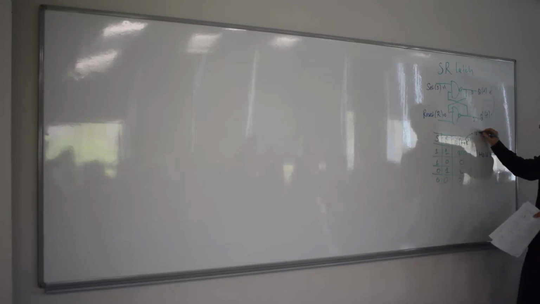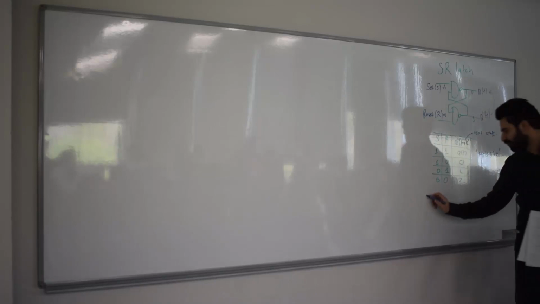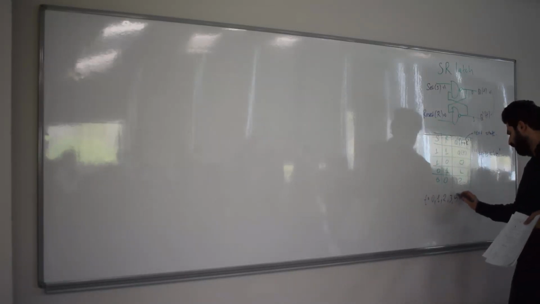Question? Yes, and what is written on the upper right... This one? No, the top of that column. This one? Yes. Q(t+1). This is like the next state. But that's just one way of showing the next state, because the t's are always going to be integers. I'm going to assume t to be 0, 1, 2, 3, 4.